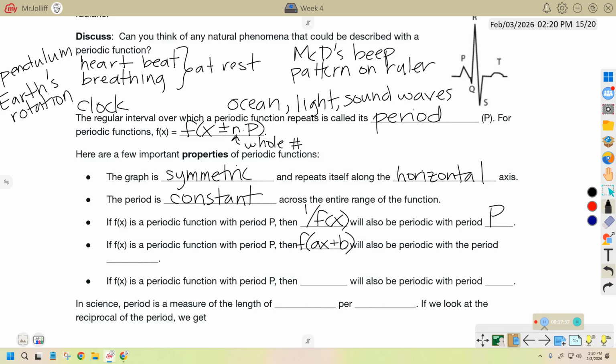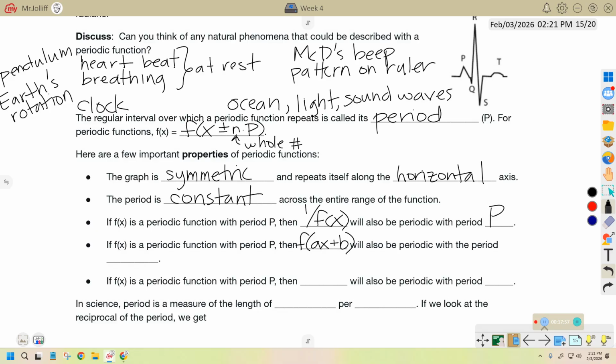I'm just picking it up and sliding it, so the length of a cycle doesn't change. But when I take the edges of that sine curve and pull outward, it's now going to take me more distance to complete a whole cycle, because I just stretched the cycle outward. So a is going to change my period.